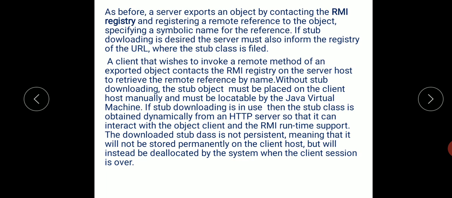But if you are using stub downloading, the stub class is dynamically downloaded from HTTP whenever it is required, but the downloaded stub class is not permanent on the client host and it is deallocated by the system when the client session is over. So what is the use of this stub downloading? We can save some memory on the client host by downloading whenever it is required.